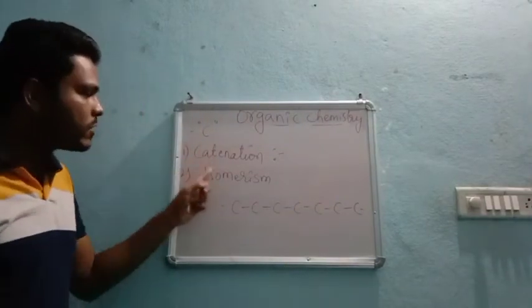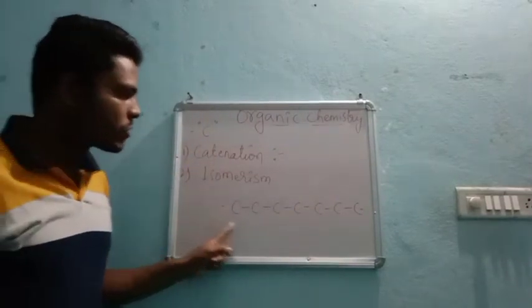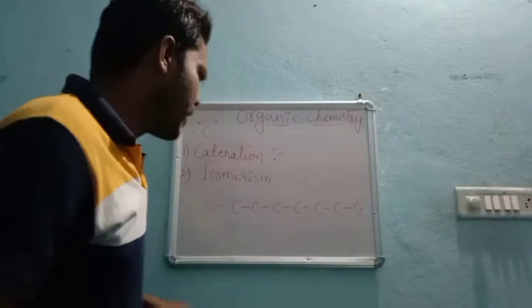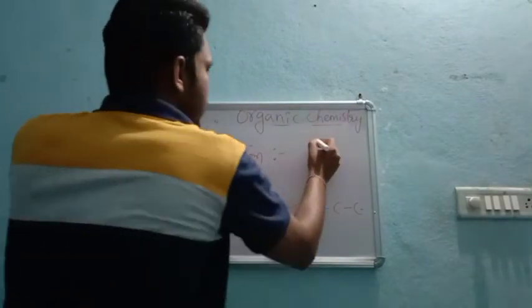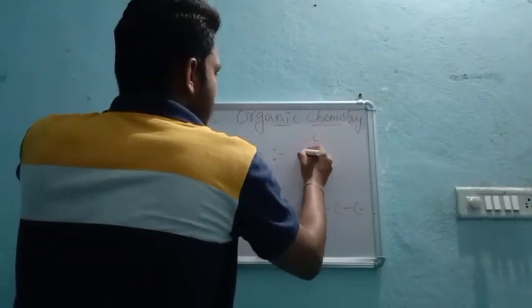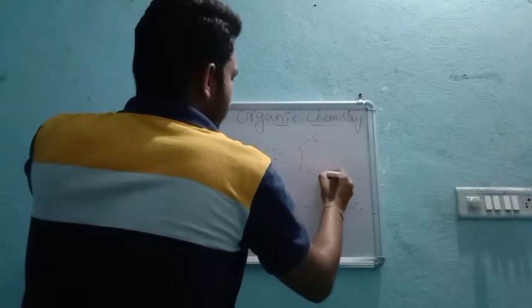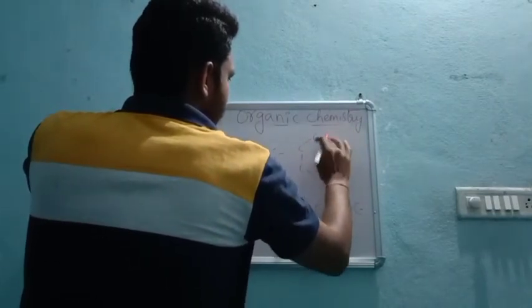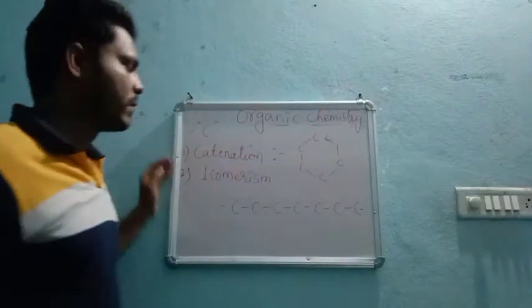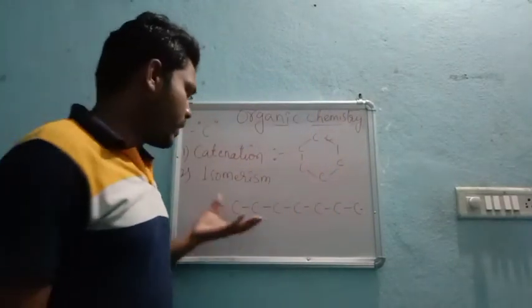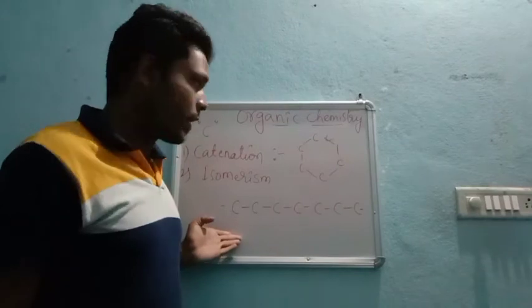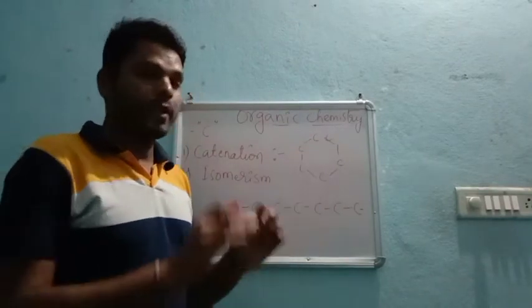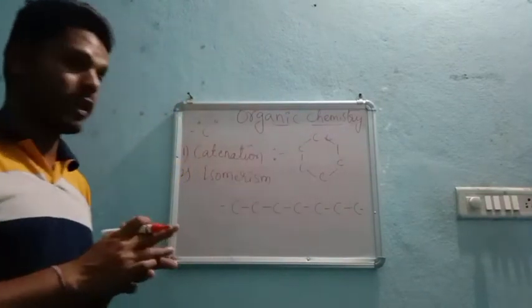And this catenation may be open type, like a straight chain, or it might be a closed chain.